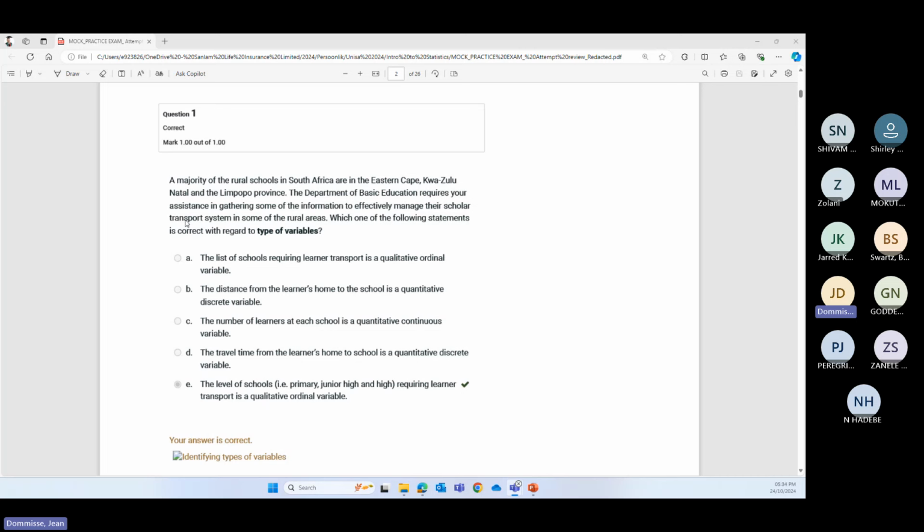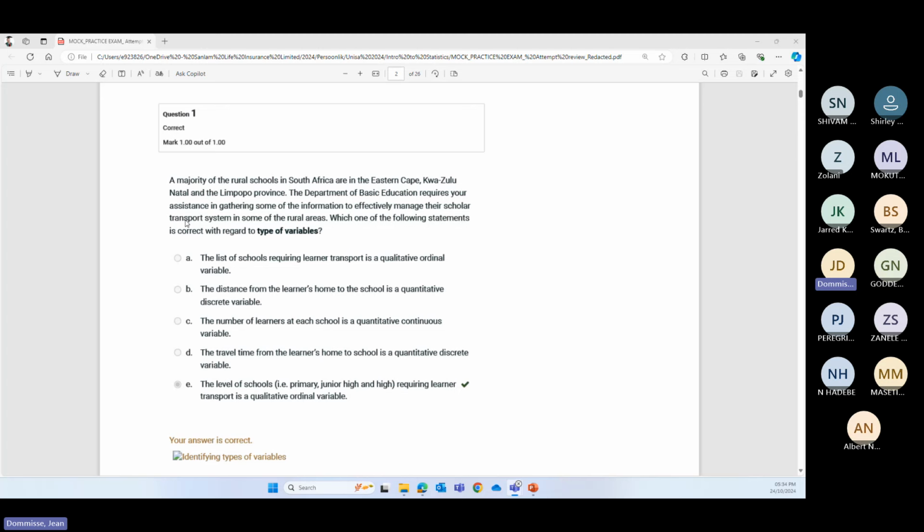It is study unit 1 or 2 questions, study unit 3. Because it is open book as well, just try to get yourself ready.